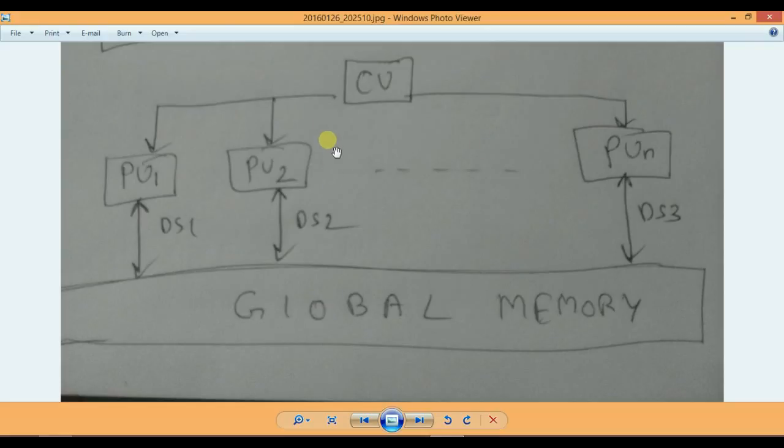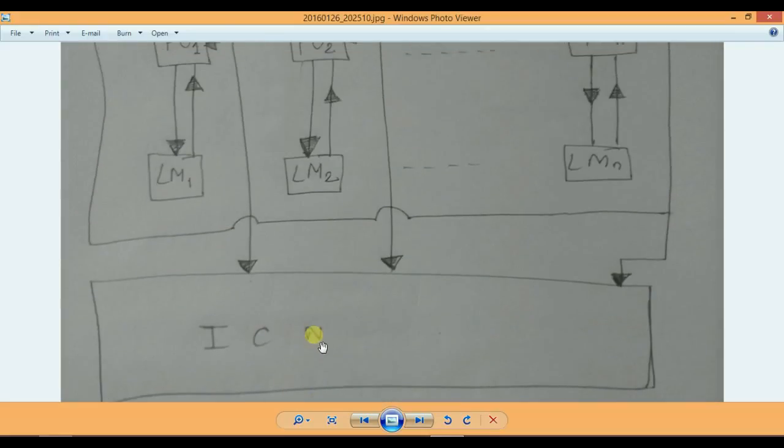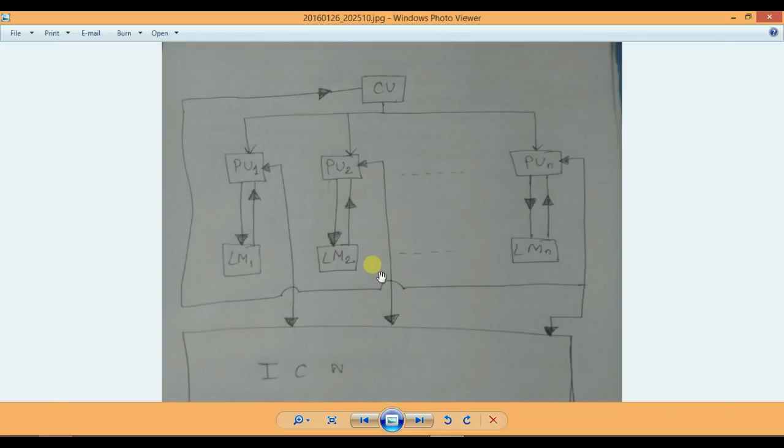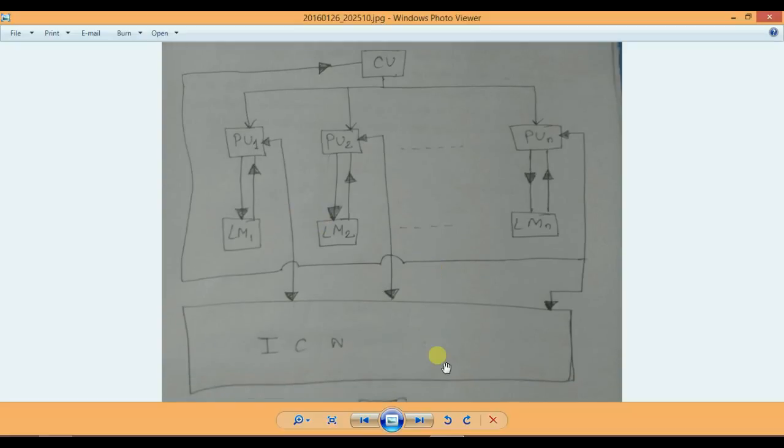But what about in the case of local memory? They have their own local memory and they do not share global memory. So how are they connected? The CU only sends instructions. There is no connection as such. Well, for those cases, there is a circuit named ICN. ICN means interconnection network.